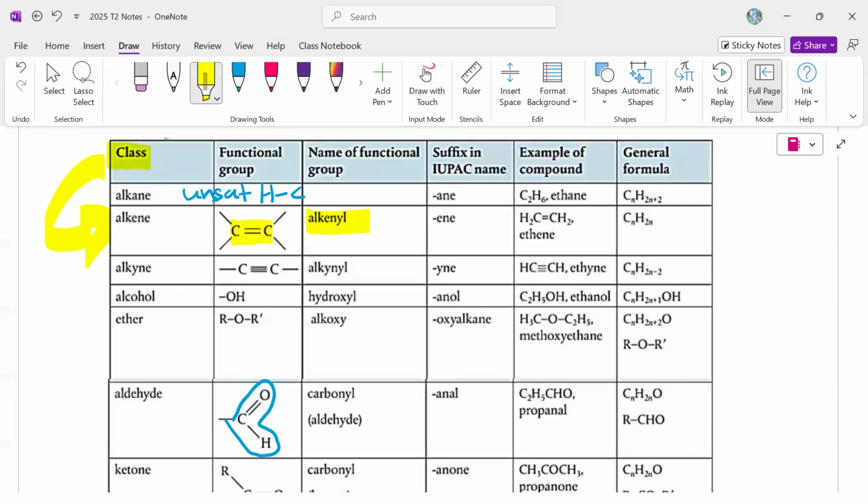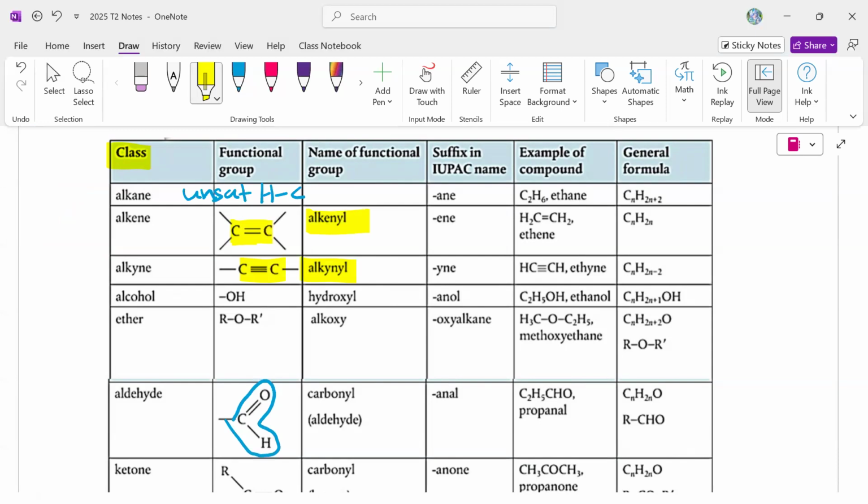Then triple bond, we have this class called alkyne. And the functional group is not called alkyne, but alkyna. Okay, but worst come to worst in the exam, if you forget, then you just say that it's alkyne, or you just call it an alkene. But the correct functional groups are alkena and alkyna, okay?